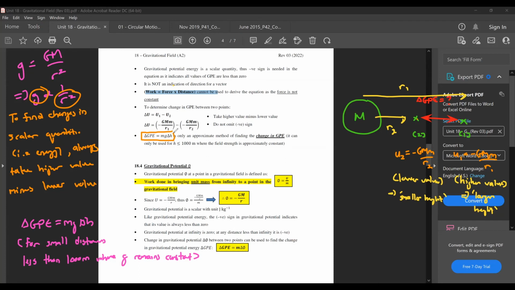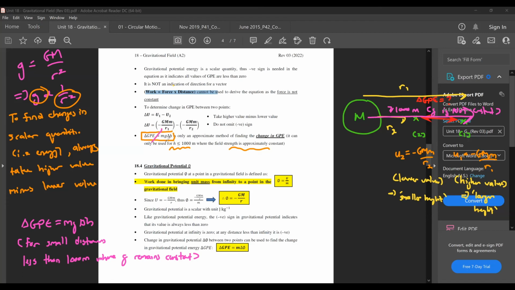That was okay to use because the distances involved were just less than 1000 meter, where the field strength is still approximately constant. But in the current chapter, where the distances involved are very, very large, all the way into outer space, which is definitely more than 1000 meter, your g is not constant anymore. It will continuously vary.